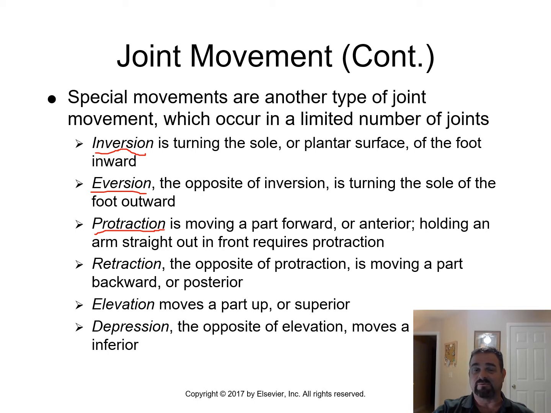And then retraction is the opposite of protraction. It's moving a part backward or posterior, towards the back of the body. And then, of course, elevation, I think is pretty simple. It moves the part up or superior. And depression would be moving it down or inferior, the opposite of elevation.